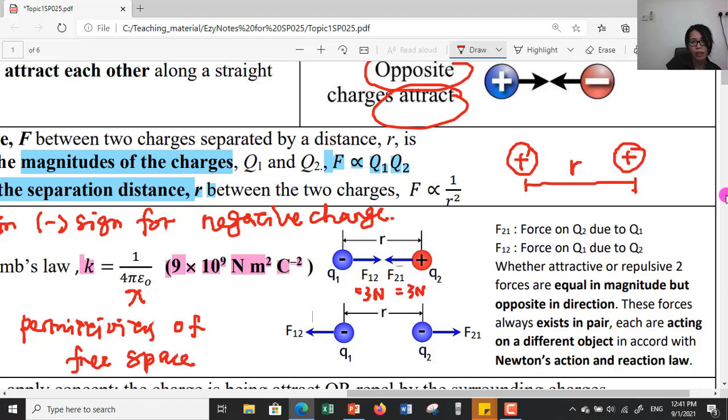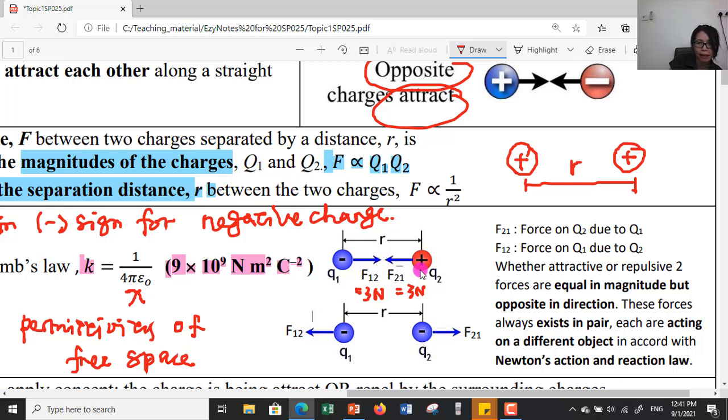So, dua forces ni akan sentiasa wujud secara pasangan. Maksudnya, kalau Q1 rasa attraction force daripada Q2, Q2 pun akan rasa attraction force daripada Q1. So, this attraction force ataupun repulsive force wujud dalam bentuk pasangan, cuma dia bertindak pada objek yang berbeza.